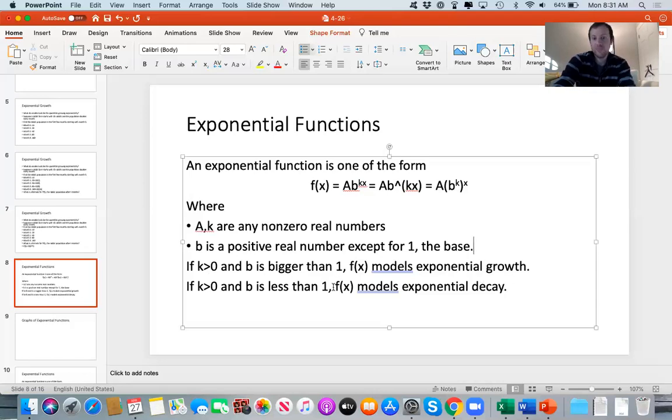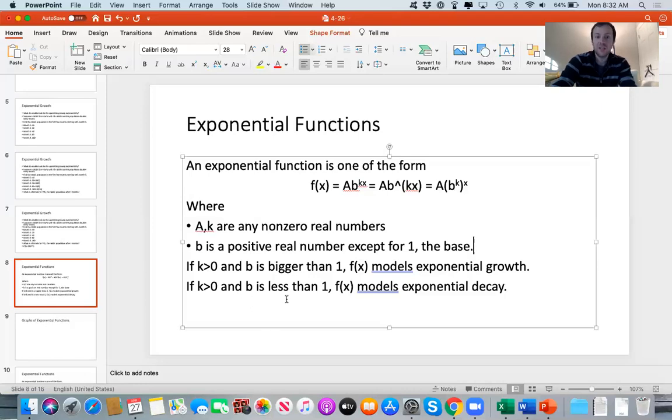Because if you have a number bigger than 1 and you're raising it to a positive power, those quantities are going to get bigger. On the other hand, if you have something less than 1 and you're raising that to positive powers, the quantities are going to get smaller, so that's exponential decay.